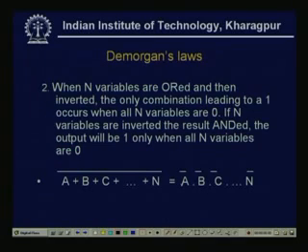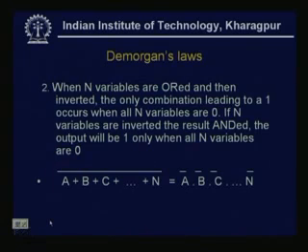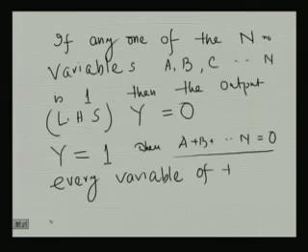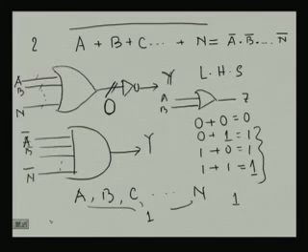the previous one, that means see right hand side is an n input AND gate, and all the inputs are inverted variables.